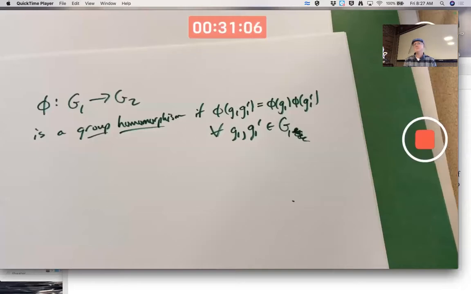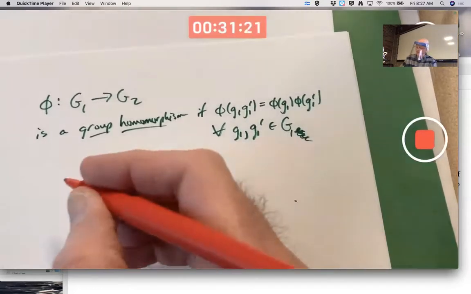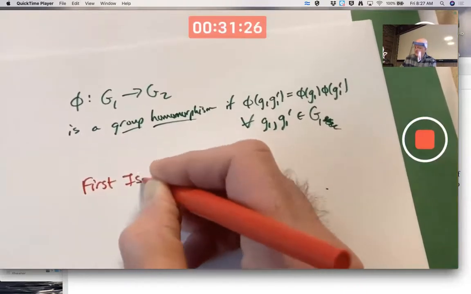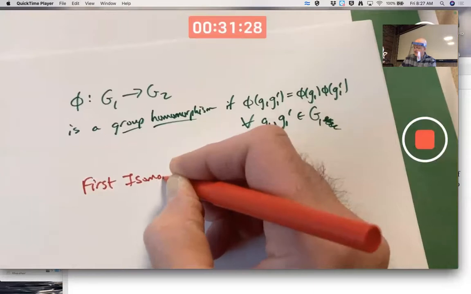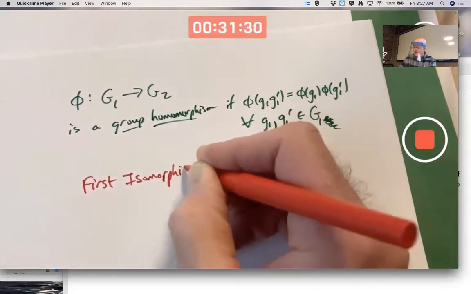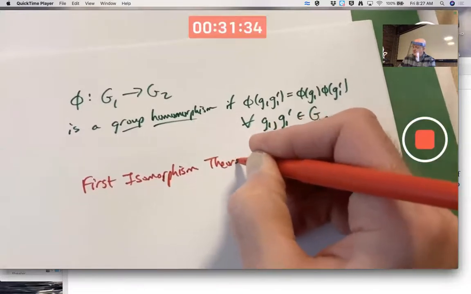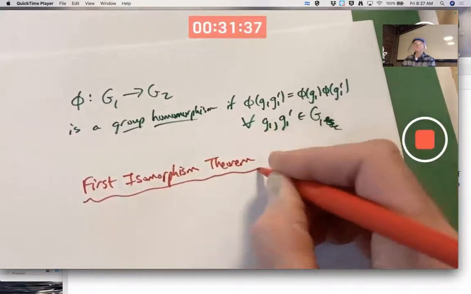I'm going to go ahead without talking about this concept and its properties and jump right to the chase, right to the punchline. The main consequence of this definition, one of the main consequences, is something called the First Isomorphism Theorem. And if there's a first isomorphism theorem, there must be a second one. Yes, there is, and there's even a third. We're mostly going to focus on the first, though.